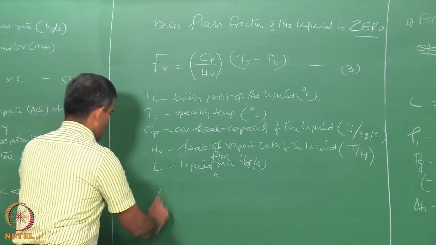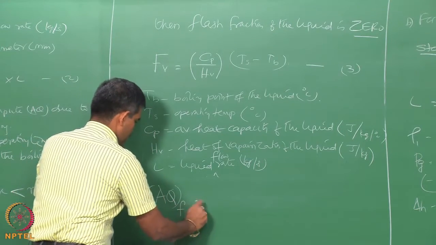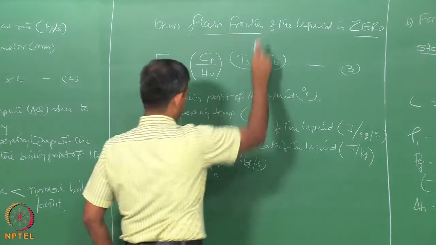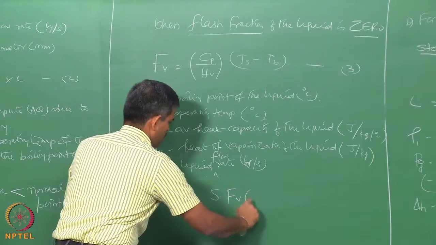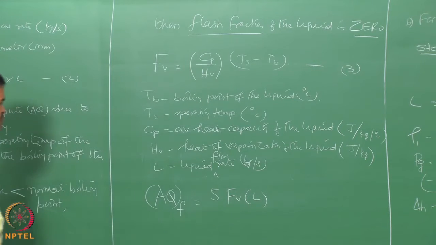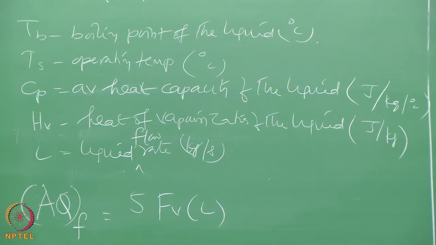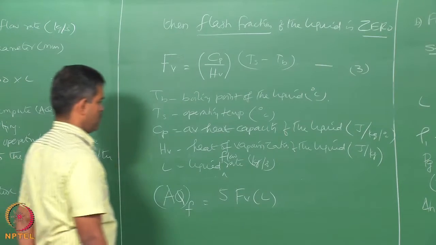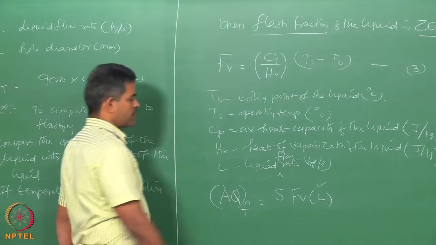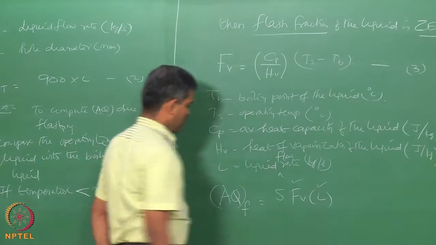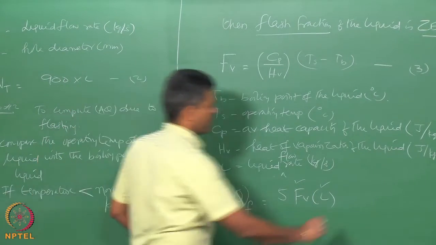So, I am interested in working out the airborne quantity because of flash, that is what we are trying to find out, which is given by Fv into L. L is already computed, we already know from step number 1. Fv is computed from equation 3. I can find the airborne quantity of a flash fraction from this equation.